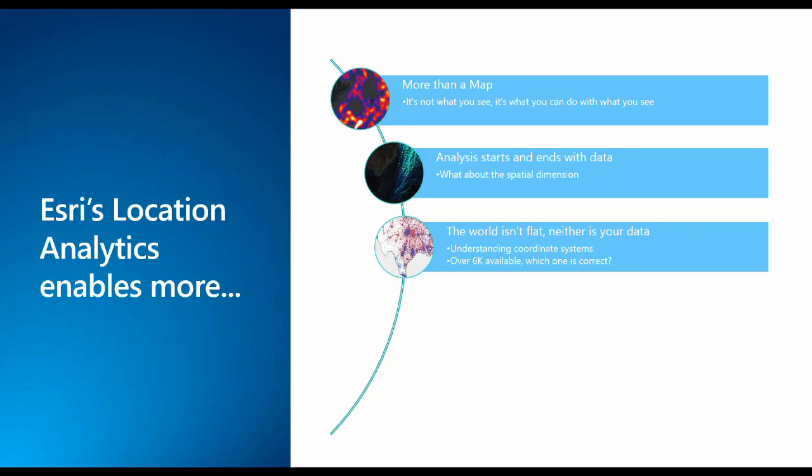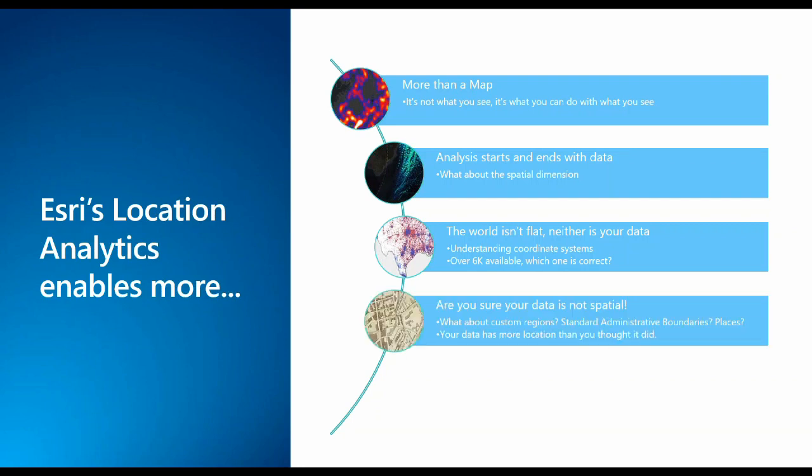One is not necessarily correct over the other, but we do recognize that to display this information correctly and for correctness in your analytics, we have to recognize that and take that into account.